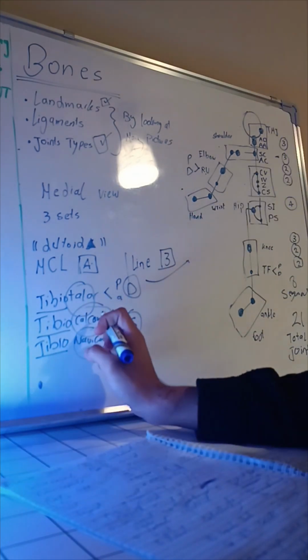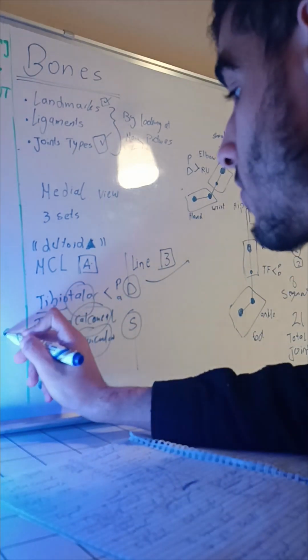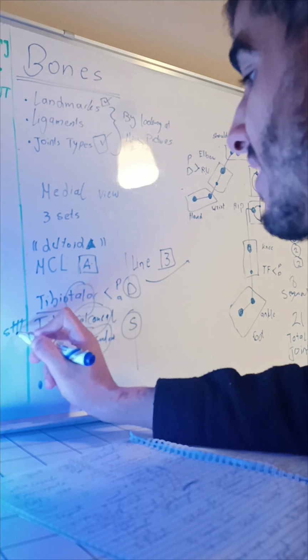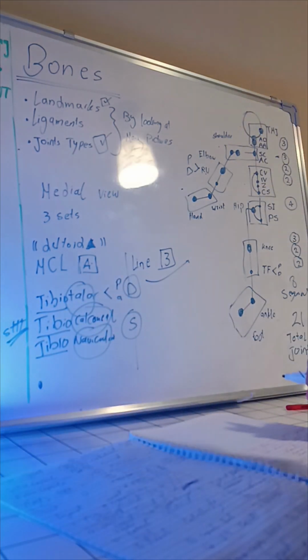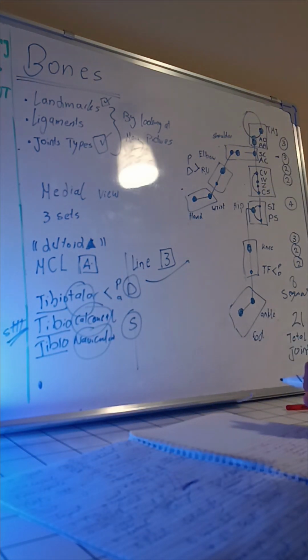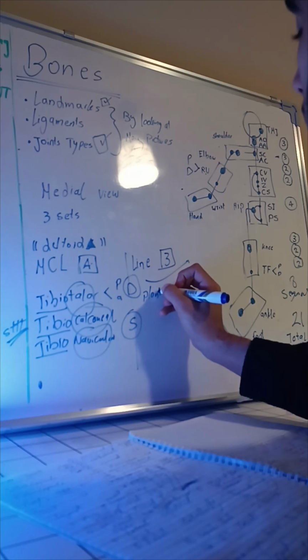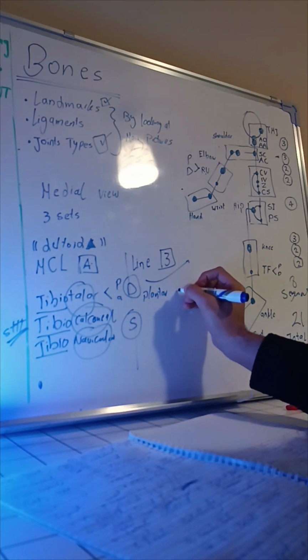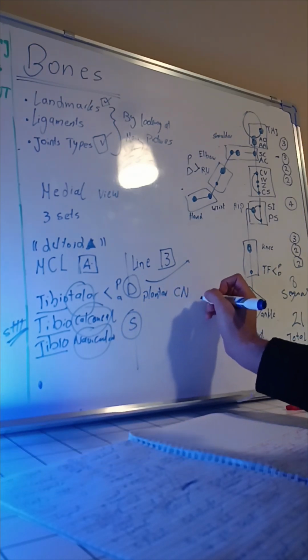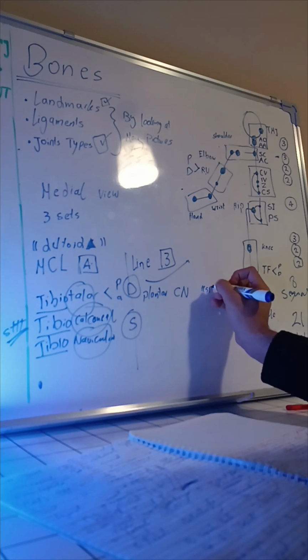So the tibiocalcaneal is from the sustentaculum. From the navicular bone to the calcaneus, there is the plantar calcaneonavicular ligament, which is the spring ligament.